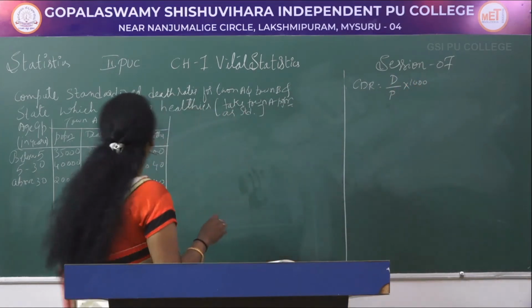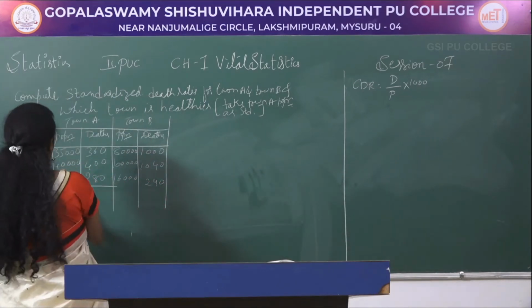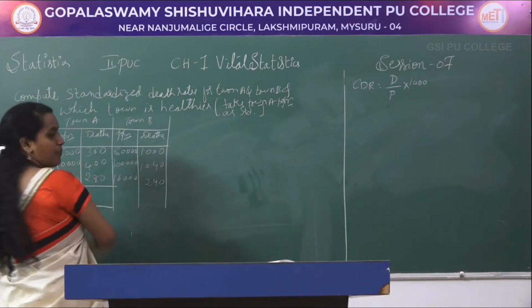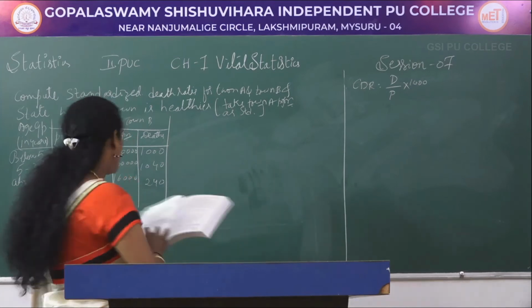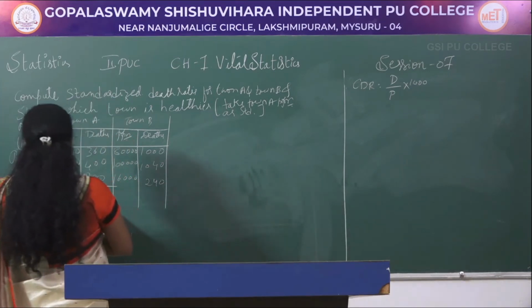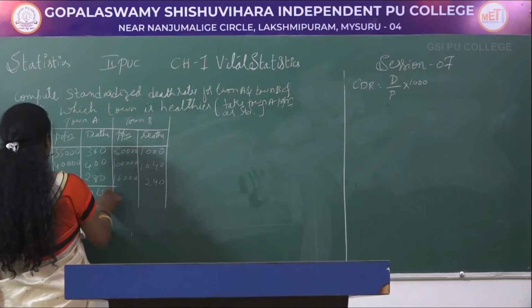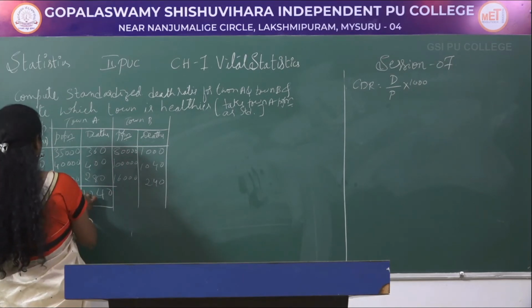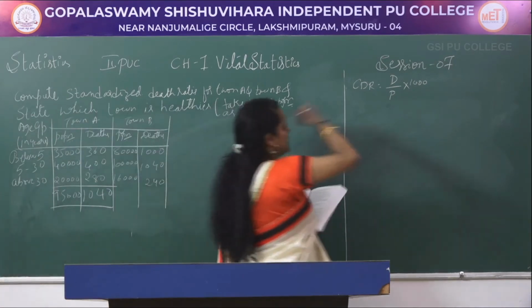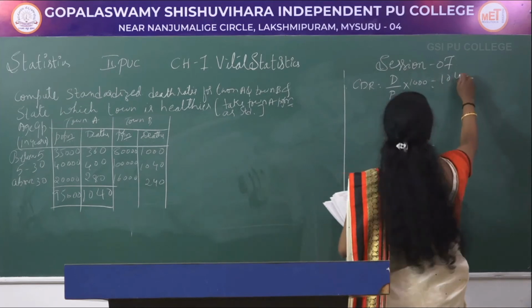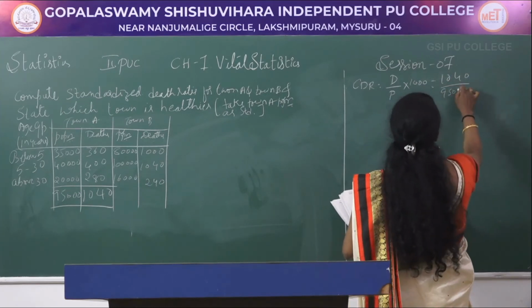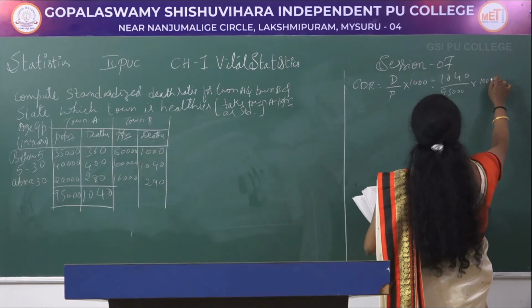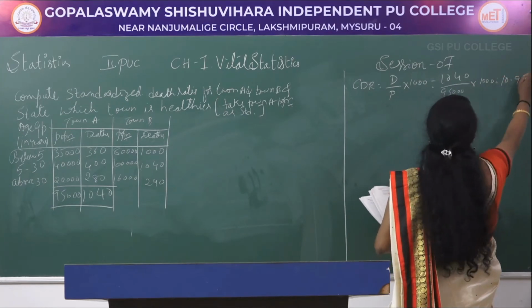To calculate this, we have to take the totals of deaths and population. The total number of deaths is 1040 and the population is 95,000. So this is 1040 divided by 95,000 into 1000. This is 10.95.